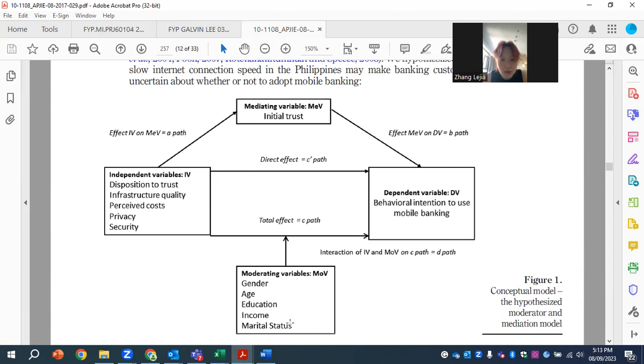If you have a moderating variable, it means you want to see the relationship: how does the IV affect the DV? If you are a male or if you are a female, does it affect the relationship? That is the moderating thing, to moderate. So anyway, this is called a diagram, a framework.